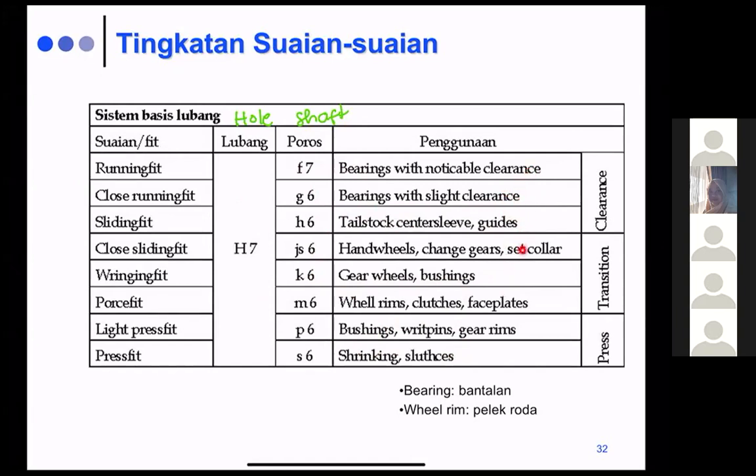If you like workshop, a bengkel, maybe you know some of this, but if not, this is new knowledge for you to learn. And then here it can be categorized into the clearance fit, transition fit, and also the press fit.